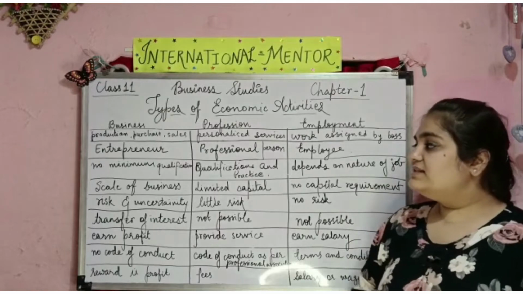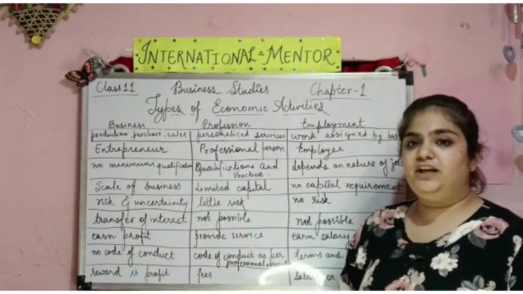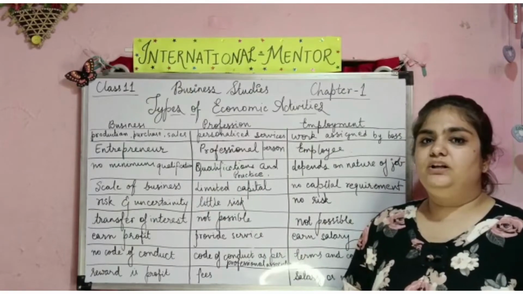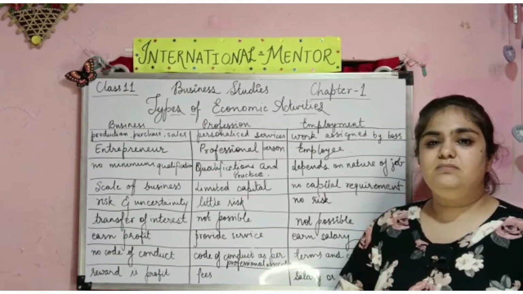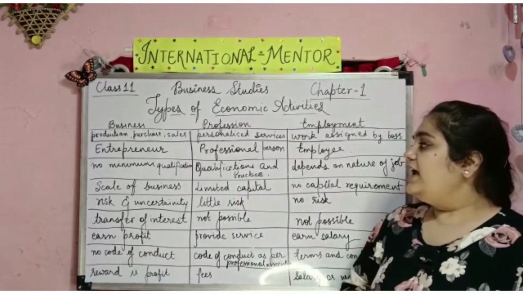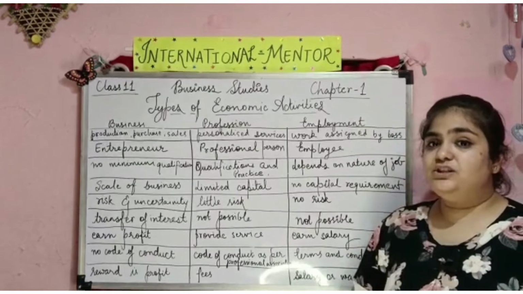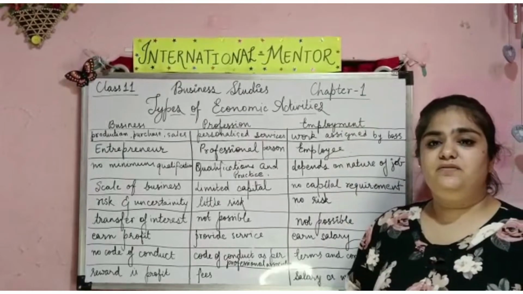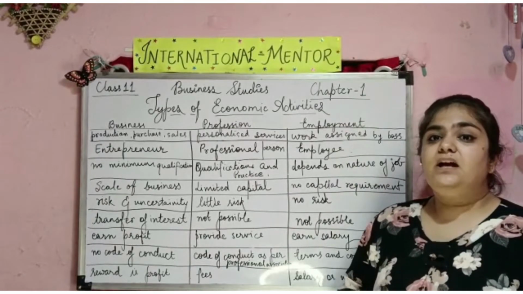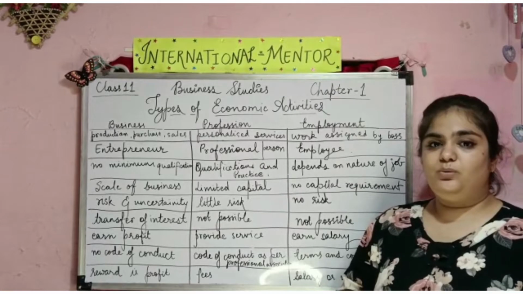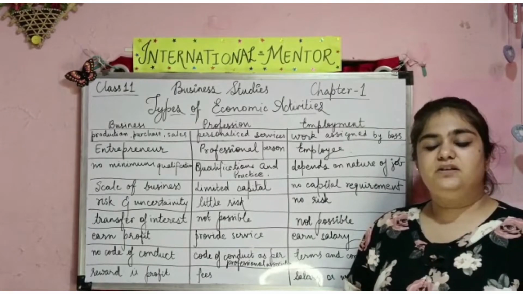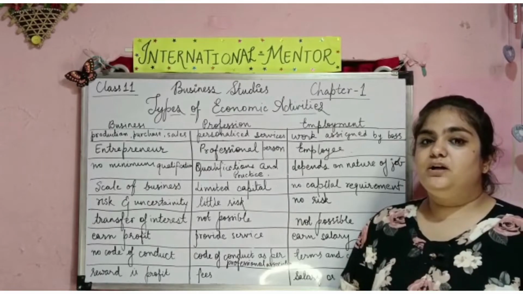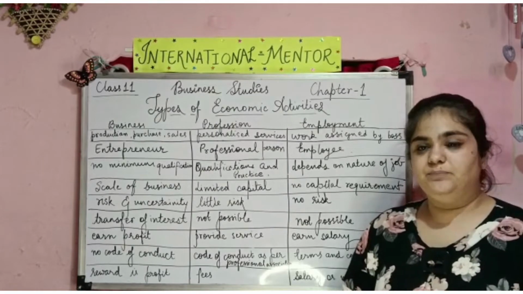Then, in business, there is no minimum qualification required. A person can be educated or not. It doesn't matter. Then, in profession, qualification and many practices and tests and trials, each and everything is required. And if we get the highest qualification, we can get a professional degree.